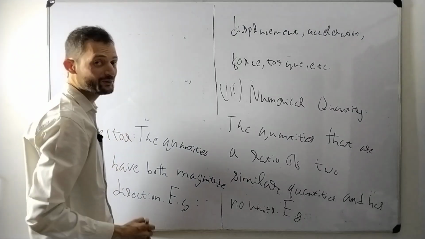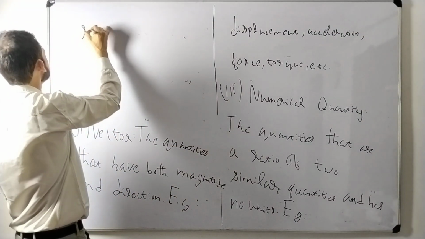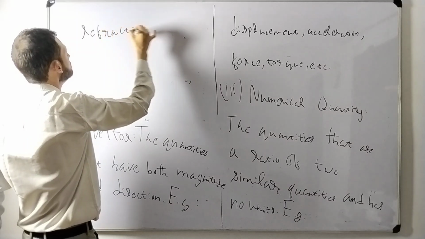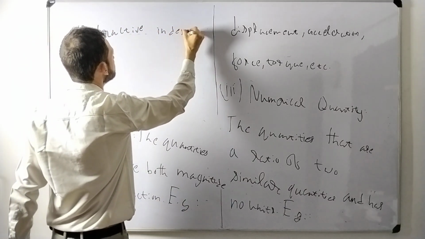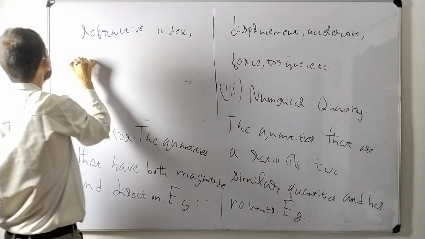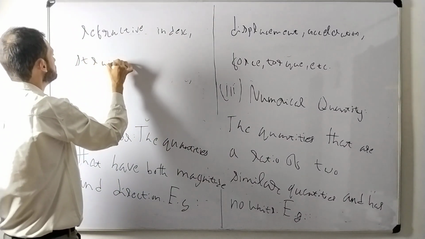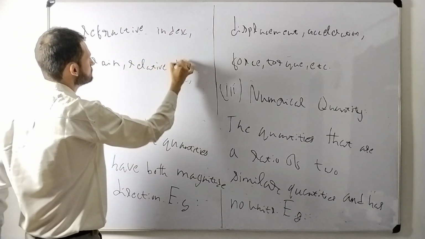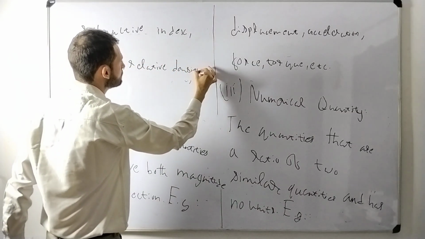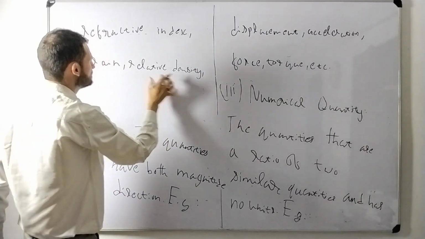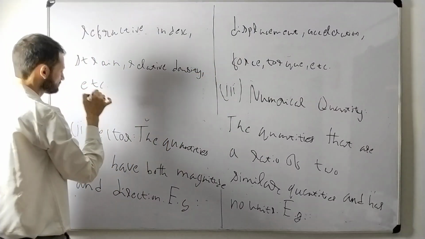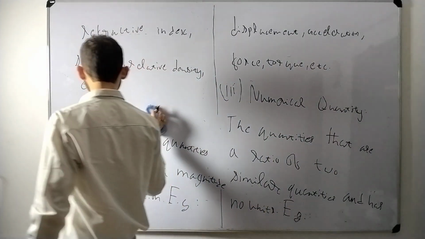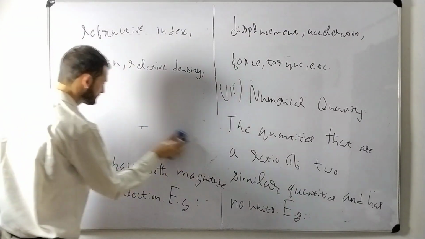Can you name a few? Refractive index, strain, relative density, etc. I will stop here in examples.